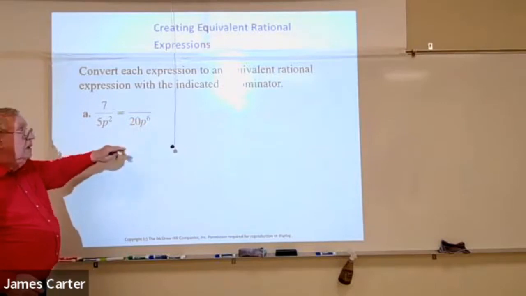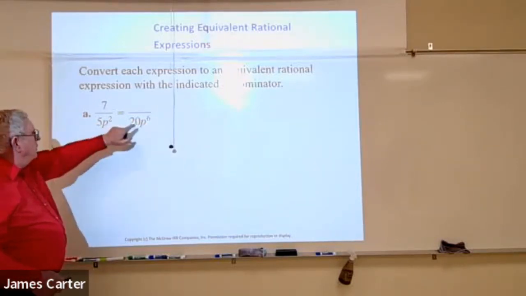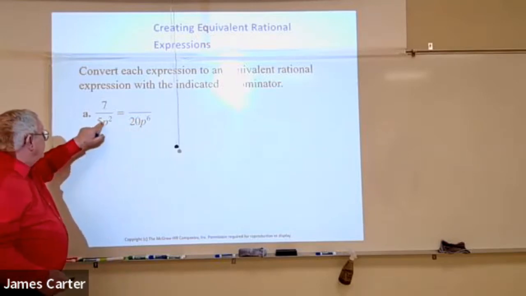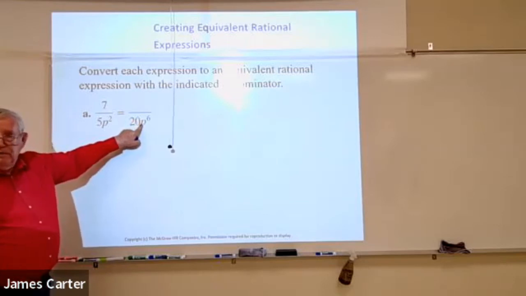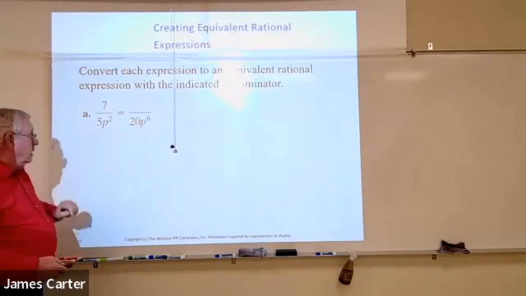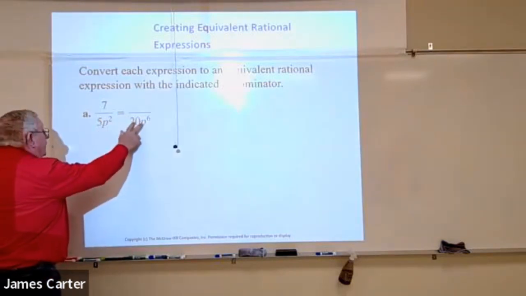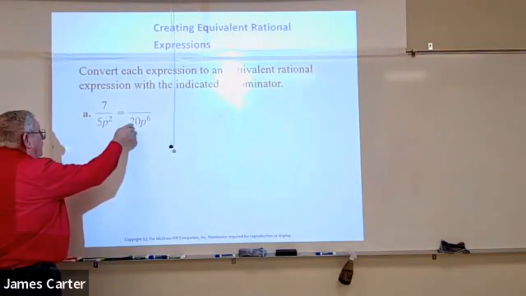Okay? So what we do is we look at what is in this one that goes into that one and what is missing in this one that is in that one, which is more important. Okay? So what is missing in this one that is in that one? Well, a 4.